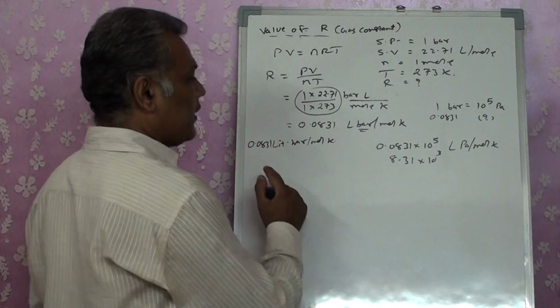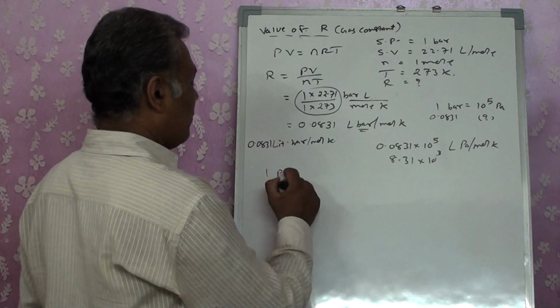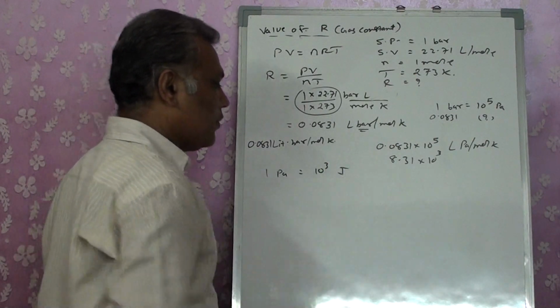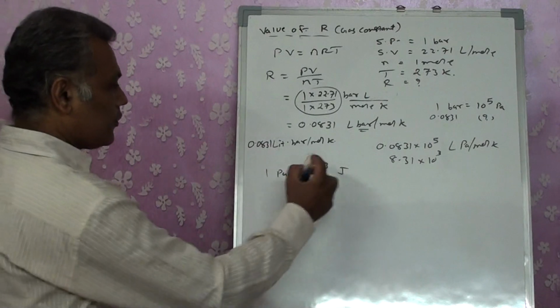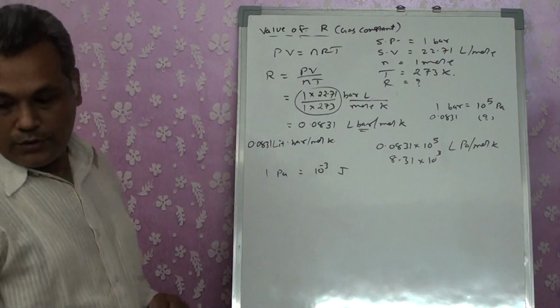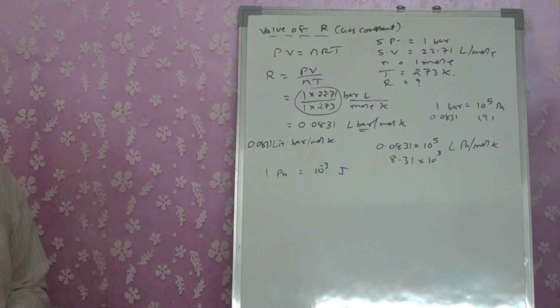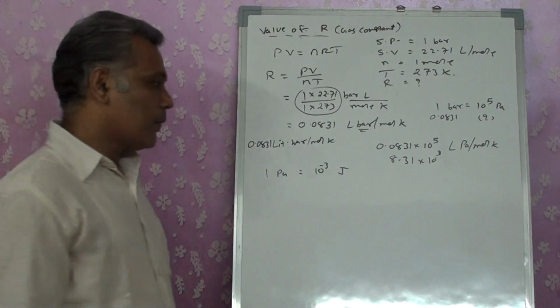We will be having it as 1 Pascal equals 10 raised to minus 3 joules. Right?